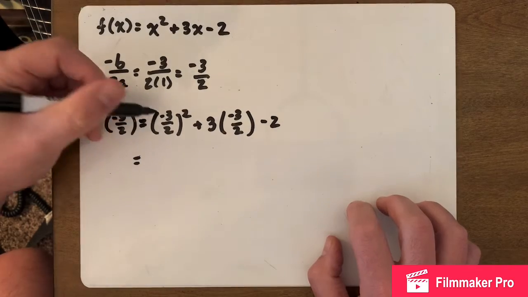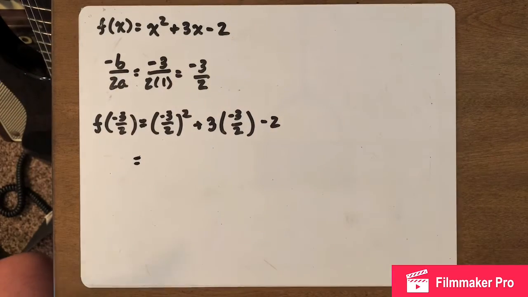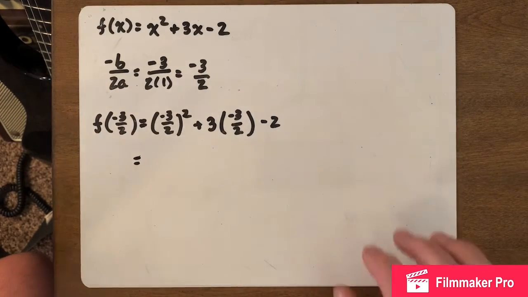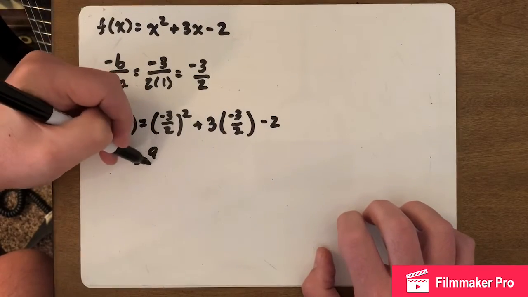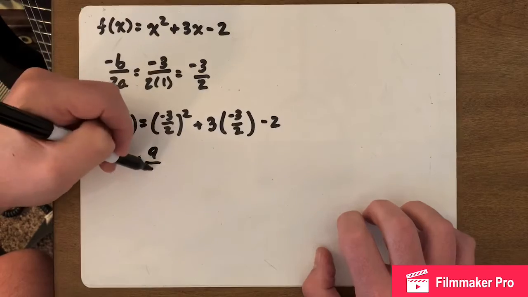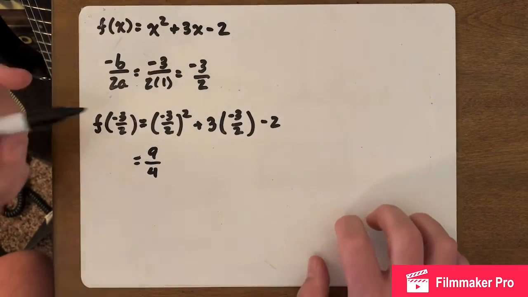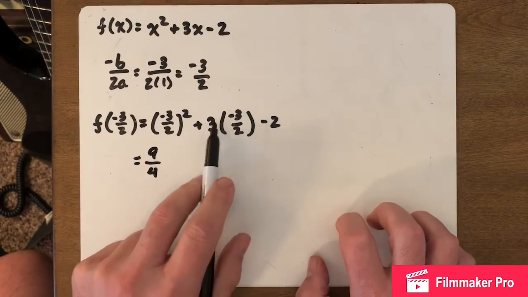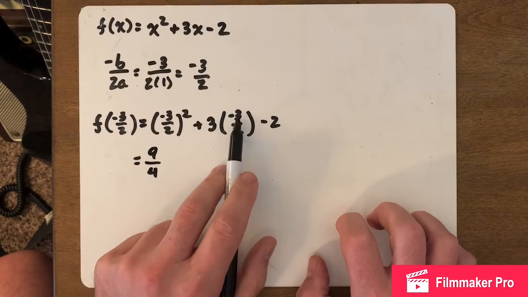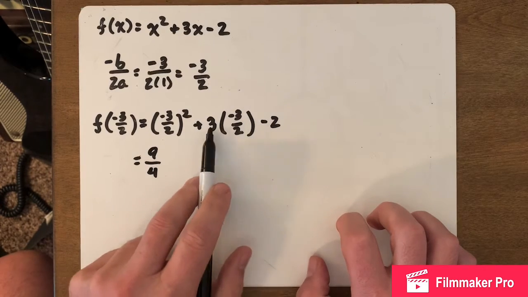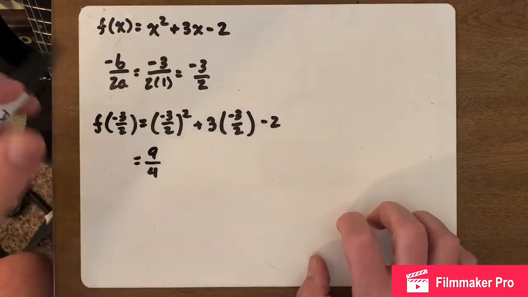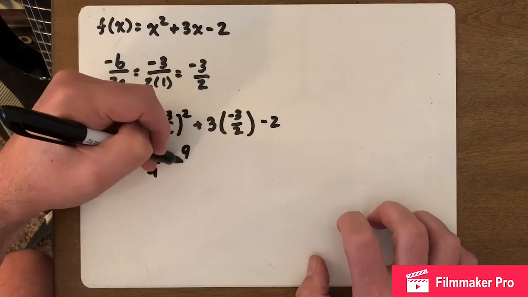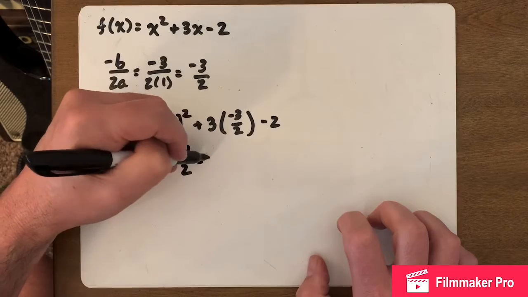Negative 3 halves times another negative 3 halves gives you 9 over 4. Negative 3 squared is 9, 2 squared is 4. Then 3 times negative 3 halves is 9 over 2. Don't multiply these together, that's a no-no. 9 over 2, and it's negative, so minus 9 over 2 minus 2.